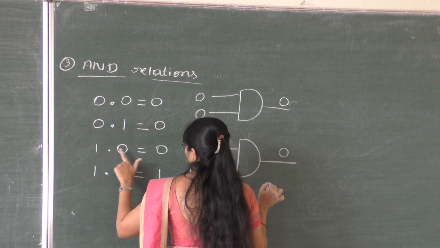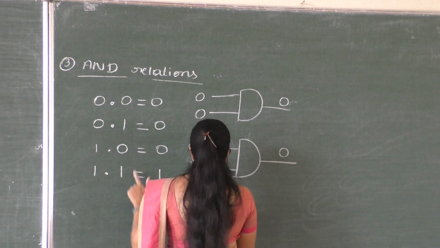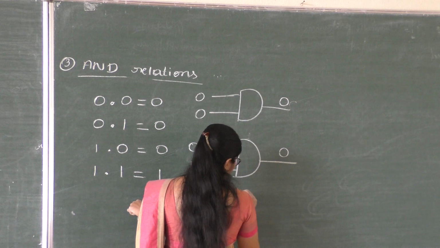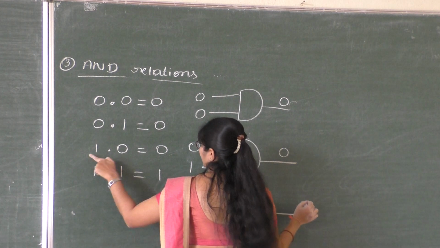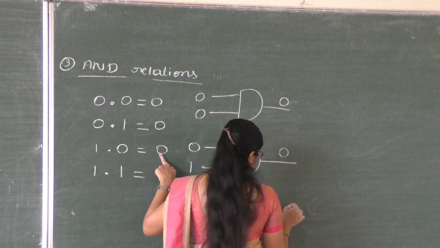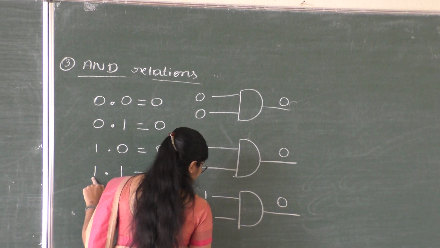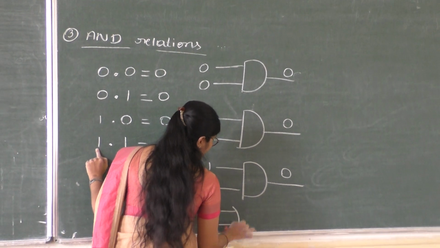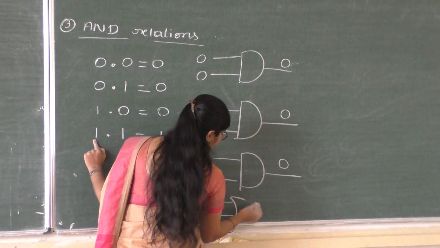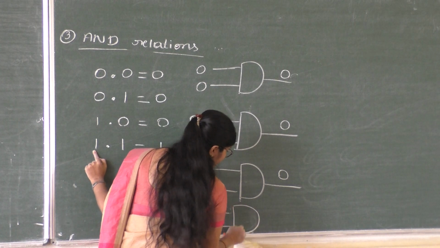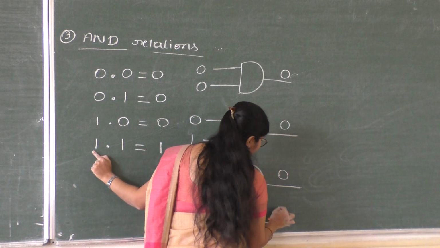Next, 1 dot 0, 1 and 0. Here the second input signal is 0, so the output signal is 0. Then 1 dot 1. In the AND gate, if both the input signals are 1, then the output is 1.